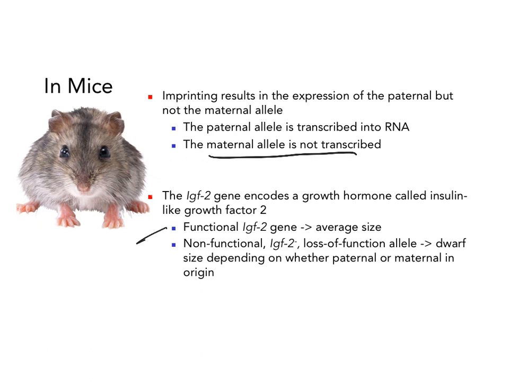If you have a functional IGF-2 gene, then you will develop into an average-sized mouse. Yes, you get to pretend like you're a mouse. If you have a mutant or non-functional IGF-2, this is typically a loss of function allele, and you tend to be dwarf in terms of size.